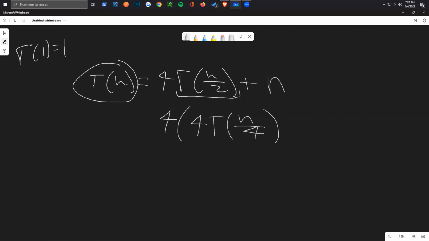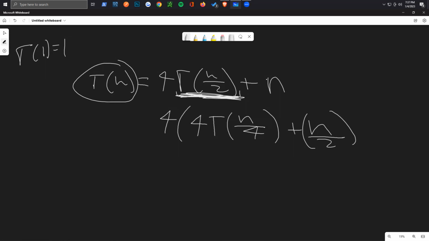So this right here, I'm substituting what this call is going to look like. So now we're also going to have a plus n. But since your n is changing constantly, you're going to want to divide this term by 2. So this term was already divided by 2, but now we're going to divide again by 2, which makes it n divided by 4.